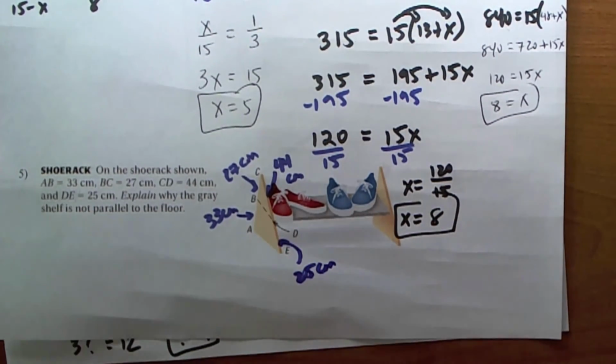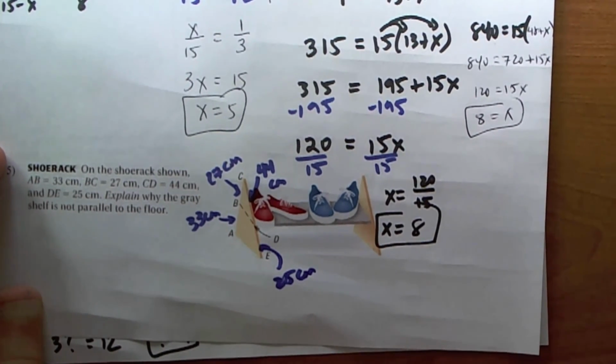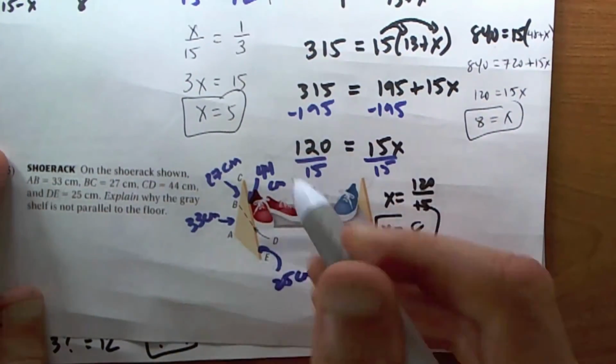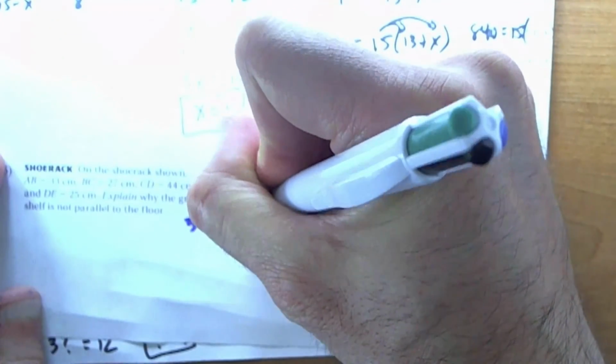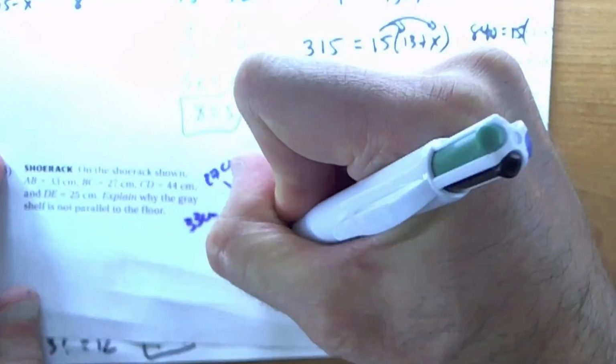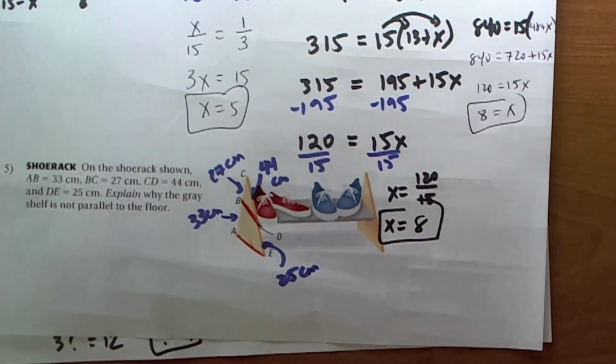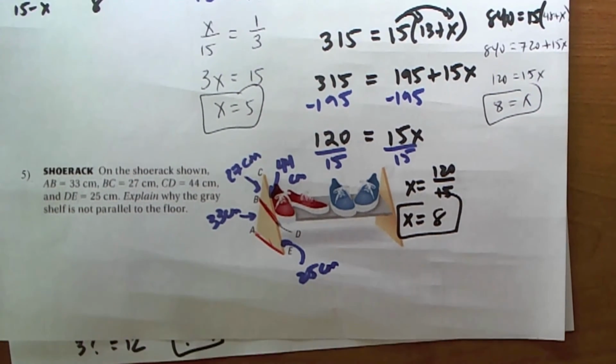Why can I say for sure that this shelf is not parallel to the floor? In other words, this gray shelf here is marked by this BD line. Why do I know that BD is not parallel to AE, based on this information here? Think about it.